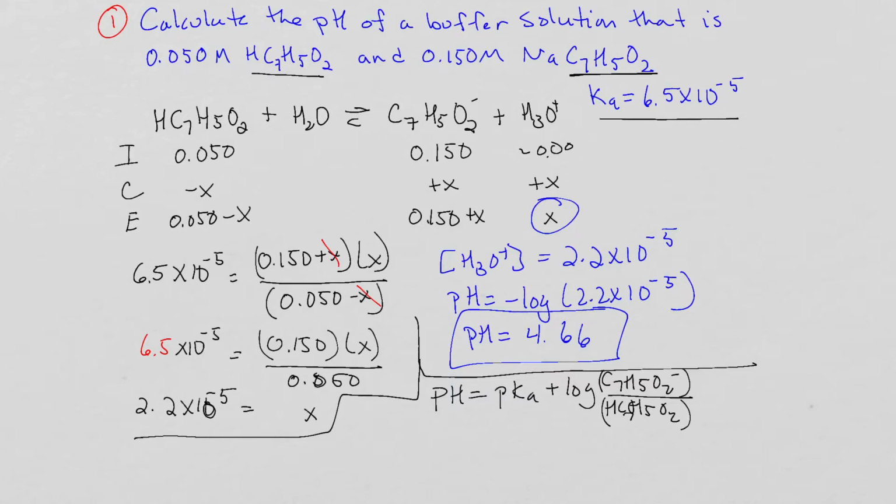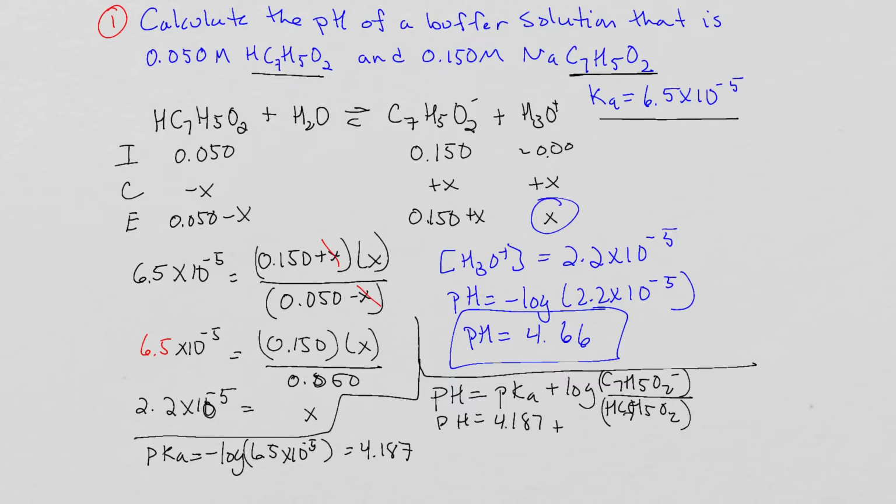Now, we need to know the pKa. So we have the Ka. So remember, the pKa is simply the negative log of the Ka, which is 6.5 times 10 to the minus 5. And so the pKa equals 4.187.